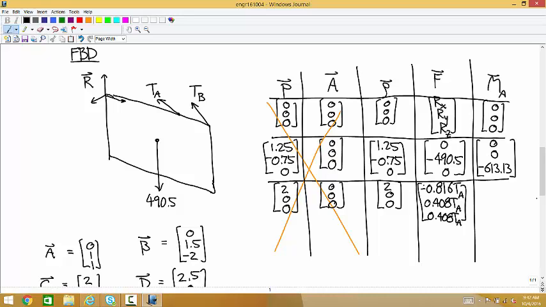And then the cross product, we have 0 and then negative 0.816 TA, and then positive 0.816 TA.